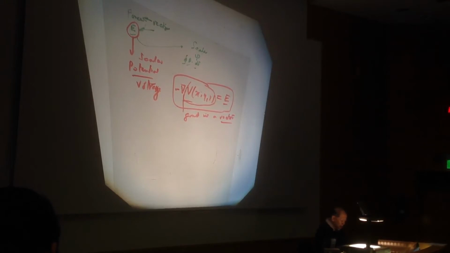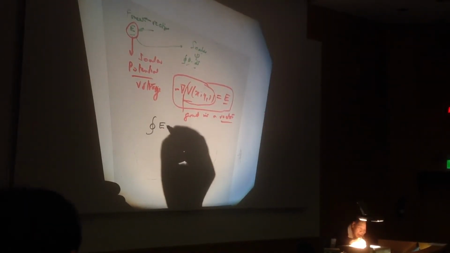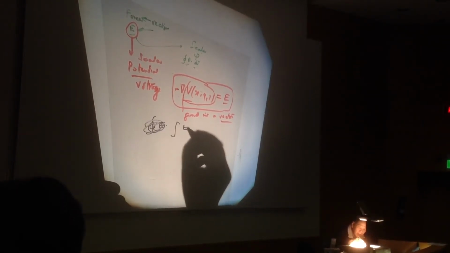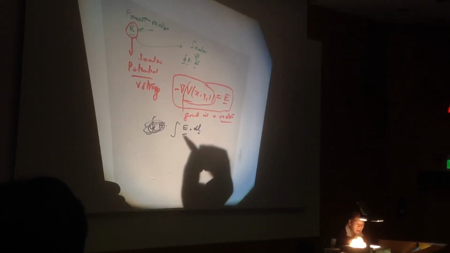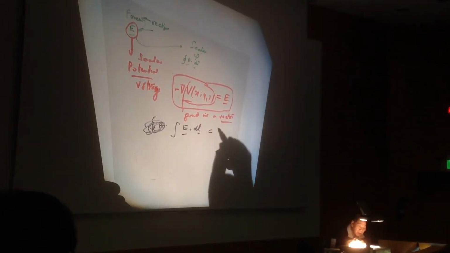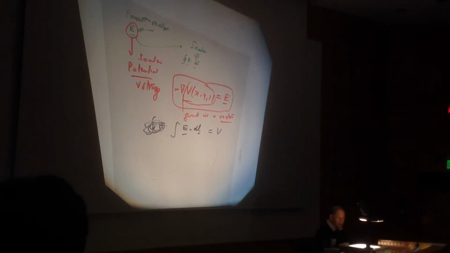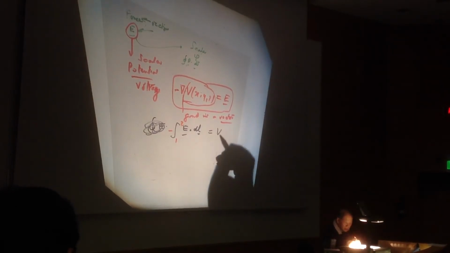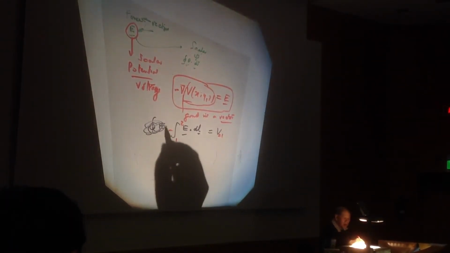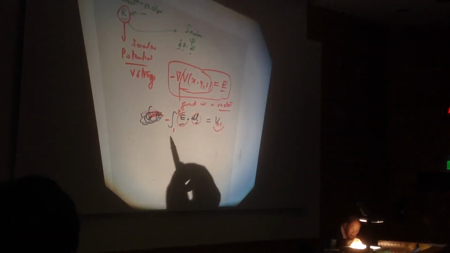We shall also see the integral of E dot dl, vector, scalar, will be linked with the voltage. Later we shall take some limits, from 1 to 2, and the integral is V. Scalar, vector becomes scalar.